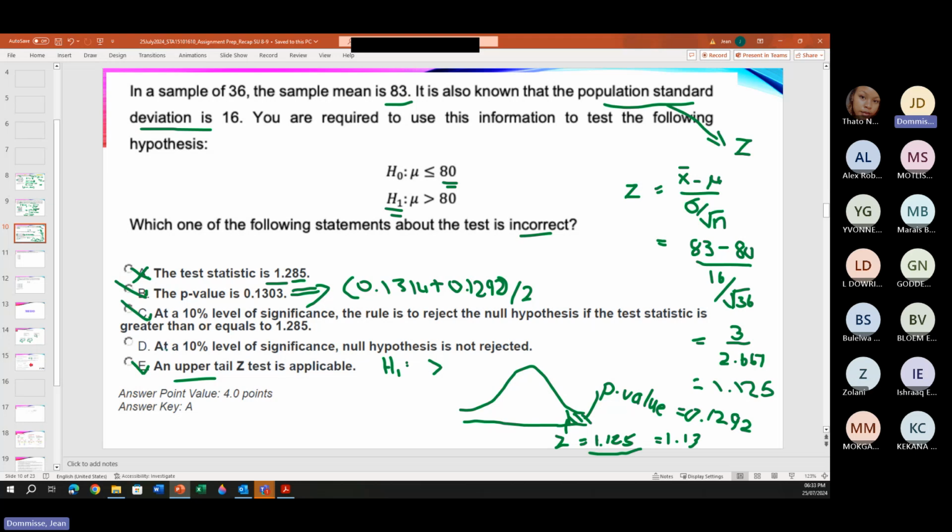And if I say at the 10% level of significance, null hypothesis is not rejected. Okay, so if it falls within it, it is again correct.